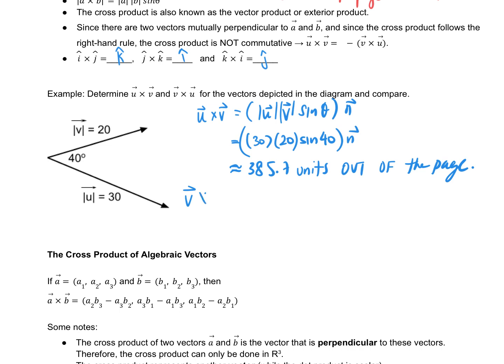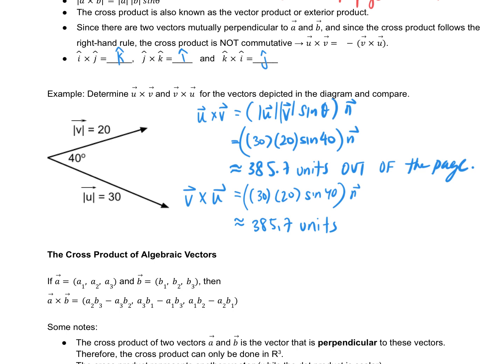But if we do v cross u, we're still doing the same magnitudes being multiplied, sine 40, but this time our normal might be in a different direction. So we'll still have the same 385.7 units, but now if my thumb is up and I place my right hand palm open at vector v, I can't curl towards vector u.